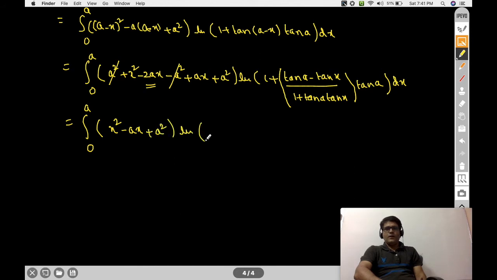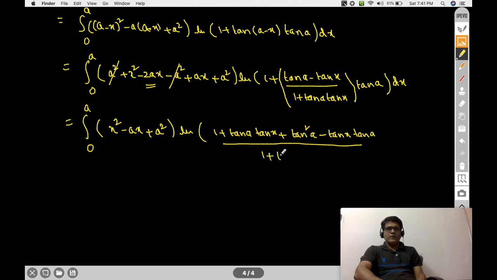Into ln of, this becomes 1 plus tan a into tan x plus, if you open this bracket, tan square a minus tan x into tan a, over 1 plus tan a into tan x, into dx.